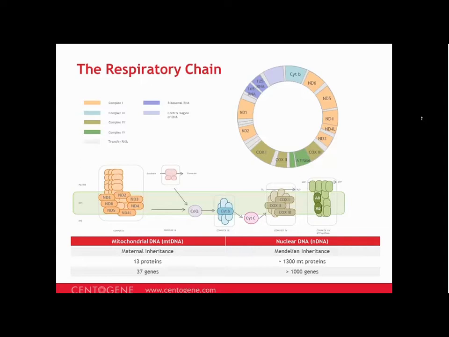And as you can see, the main burden is on the nuclear DNA here, because more than 1,000 genes are defined as contributing to mitochondrial function and its maintenance. Also, I wanted to mention shortly the mitochondrial DNA and nuclear DNA comparison, the number of proteins that are encoded, and the number of genes that are responsible.